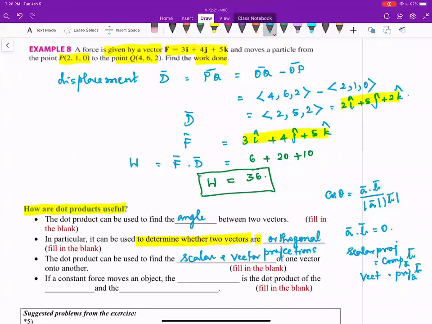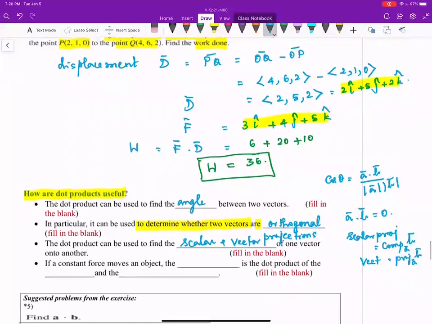If a constant force moves an object, then the work done is the dot product of the force and the displacement vector.